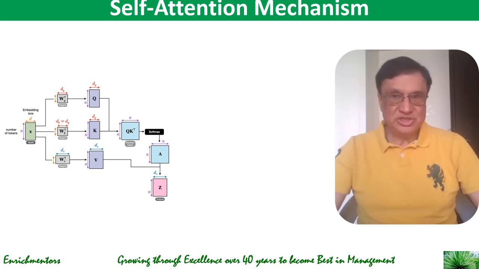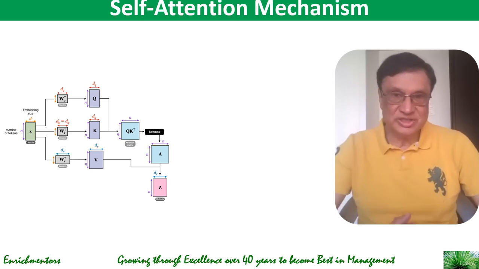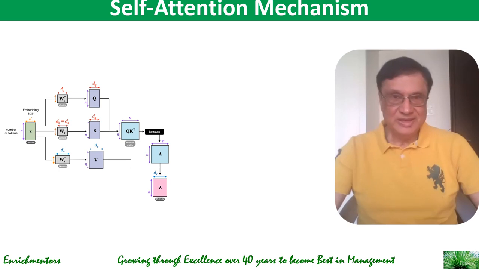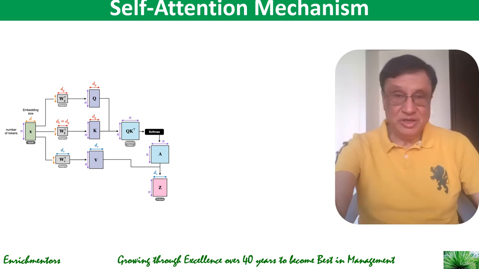Each position in the sequence attends to other positions, allowing the model to weigh the importance of different words or tokens in the input when generating output. So you're assigning weights to different parts of the data that is used while generating the output. Now, how does this help interpretability and explainability?